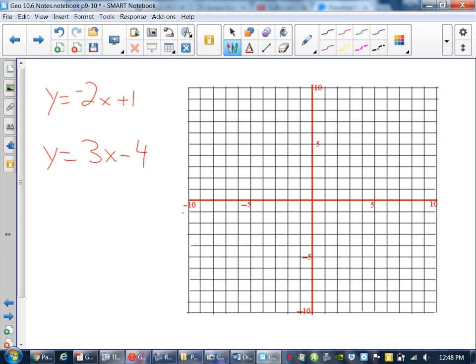Let's say you had to figure out where two lines intersected. You guys would have plotted them, put them on a piece of graph paper, and hoped to God that you got the right coordinates and you were able to find something that landed on an integer, a whole number, so that way you can figure out where these two intersected. But God forbid that it landed halfway in between something, you'd have to kind of guesstimate.